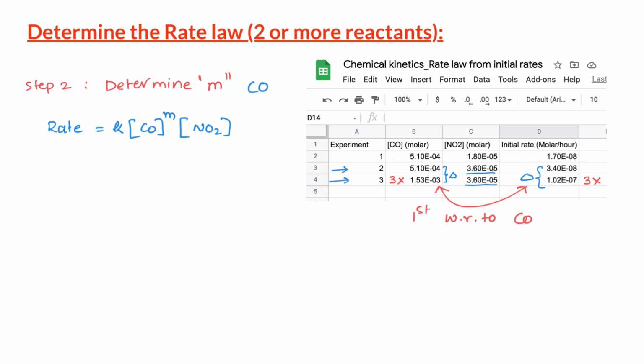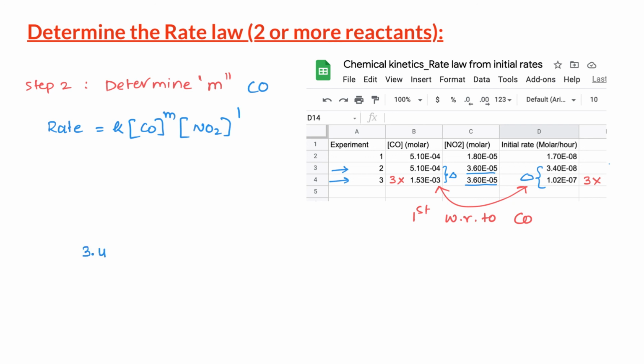Let us plug that value into the rate law. The rate is equal to K times concentration of CO to the power m times concentration of NO2 to the power 1.